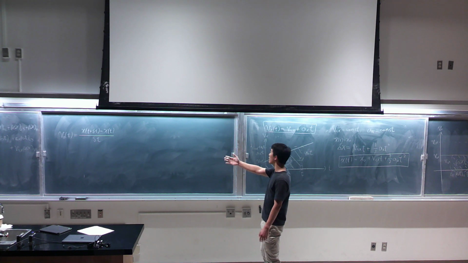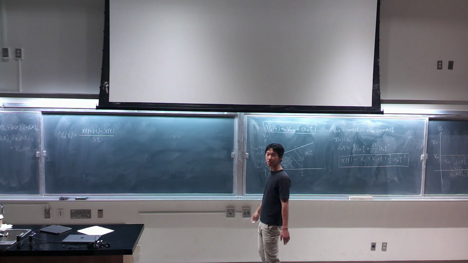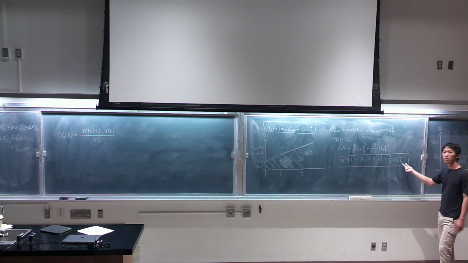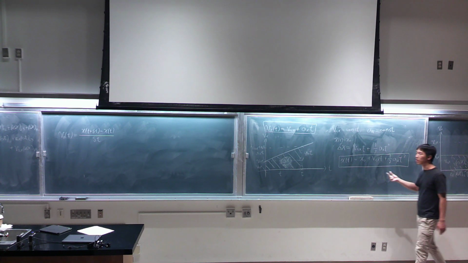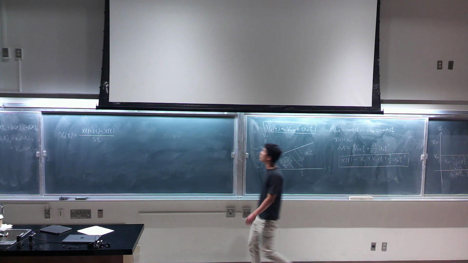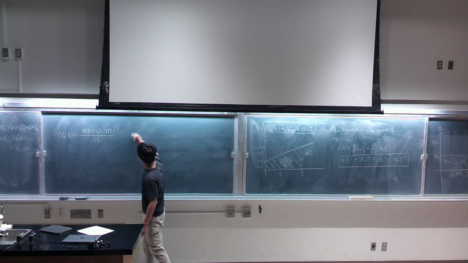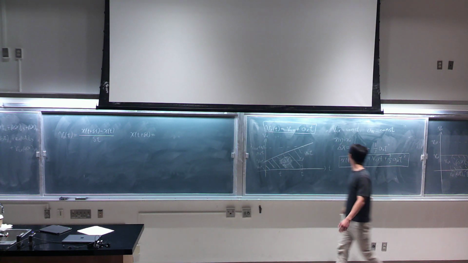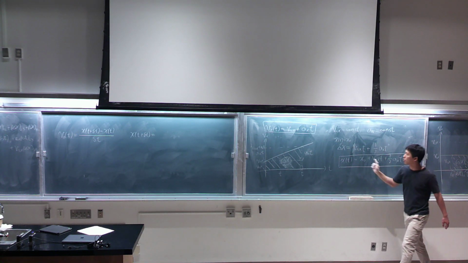Now, what exactly does x of t plus delta t mean? It means to replace all the t here with t plus delta t. That's what the function means, right? If I plug in t equals t plus delta t, the first term has no t, so it's just the first term.